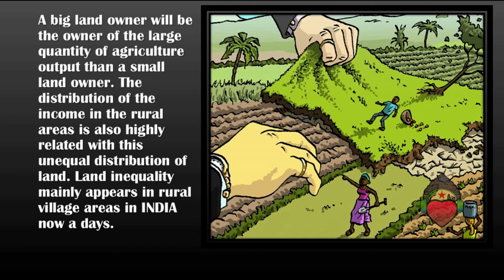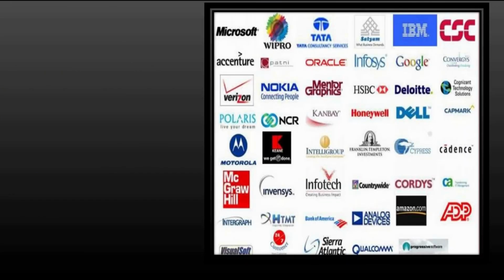Now, the third part is inequality in the distribution of capital in the private sector. If there is inequality in the distribution of capital in the private corporate sector, such as Wipro, Microsoft, Nokia, Dell, etc., it implies that there is private concentration in the economy.